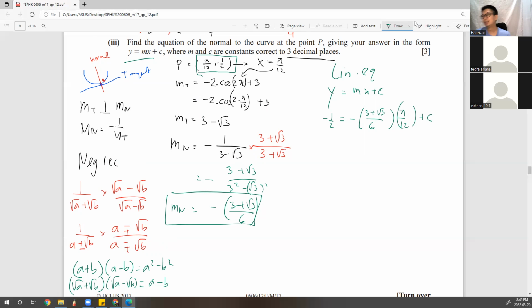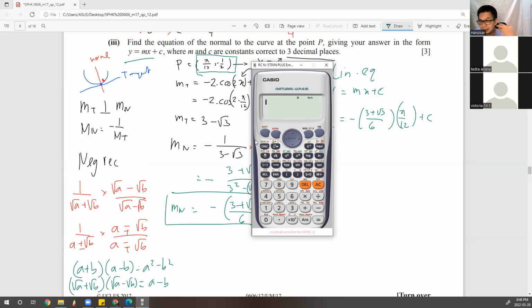Plus c. Again, if you have already rationalized the number, you can just put it in your calculator, because they are asking for c to 3 decimal places.